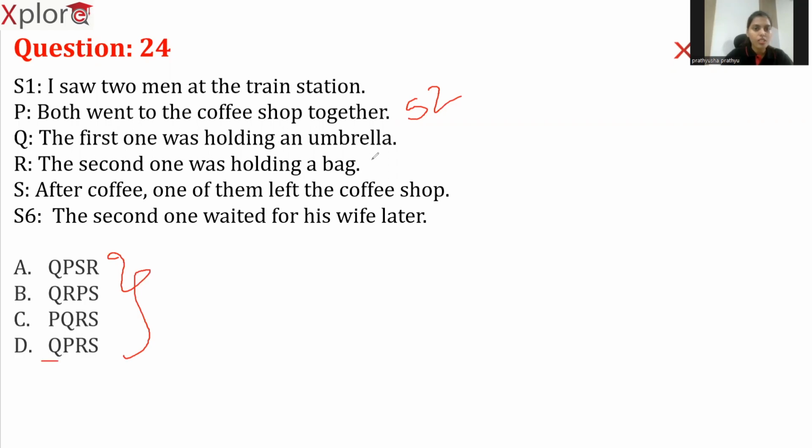So we don't even need to consider R and S. Now we have to decide whether P comes first or Q comes first. So I say that Q comes first. Why? Because here you are talking about two men at the train station, right? So let's just say that both went to the coffee shop together. So after statement one, if you're thinking statement two is P, okay, up to here, it is clear.